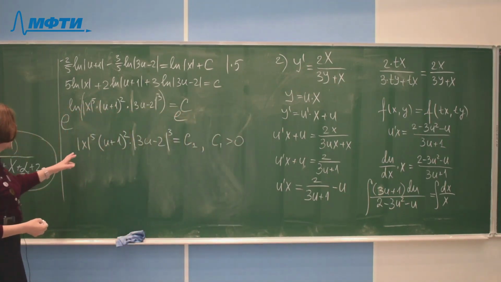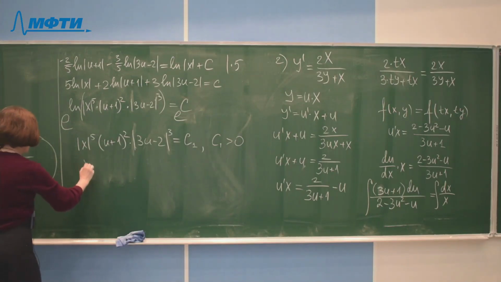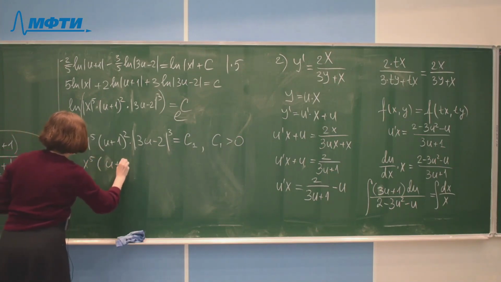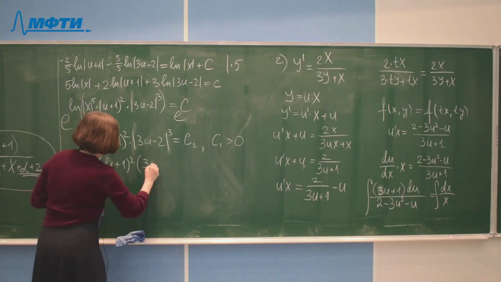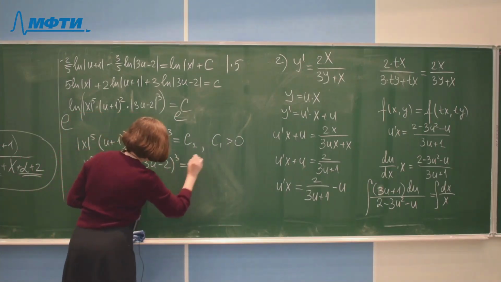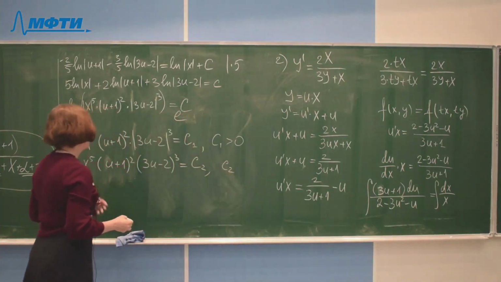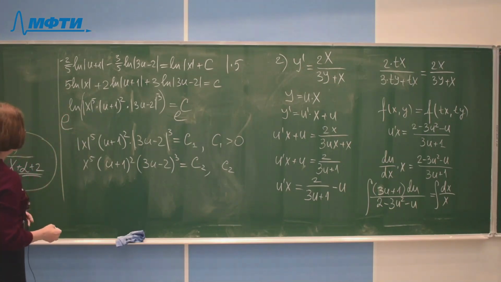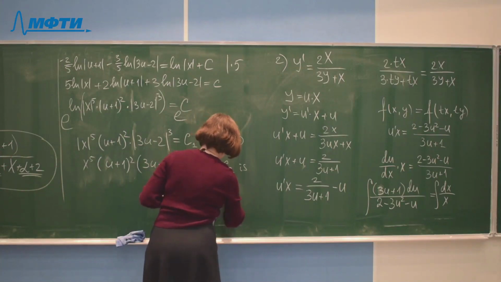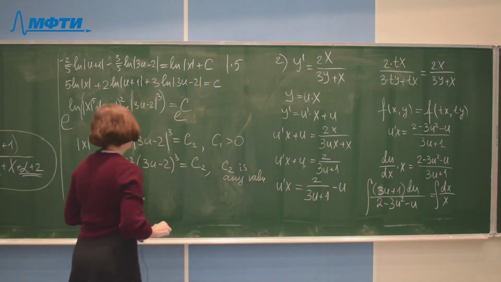But now I want to eliminate the absolute values. In that case, I should rewrite this in the form x to 5, (u plus 1) squared, (3u minus 2) cubed equals c, maybe c2, where c2 can have an arbitrary sign, any real value.